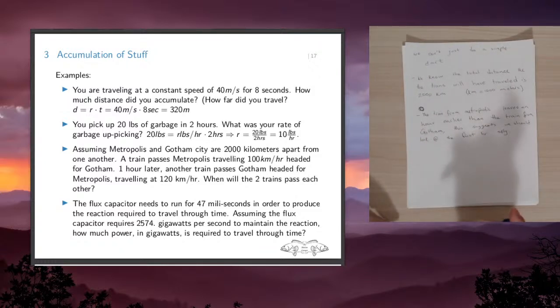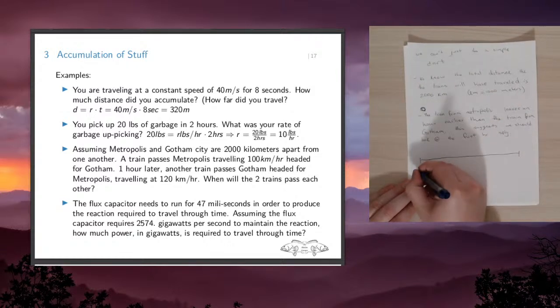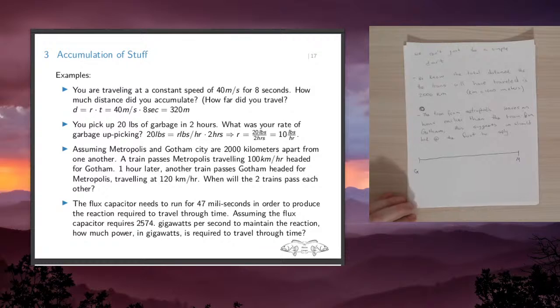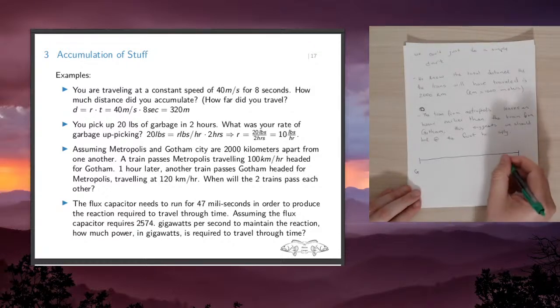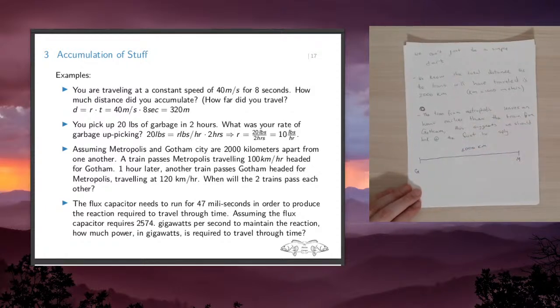Let's draw a little picture here. So suppose here's the whole length of track. Here's Gotham, and here's Metropolis. So this total distance, we know the total distance is 2,000 kilometers.